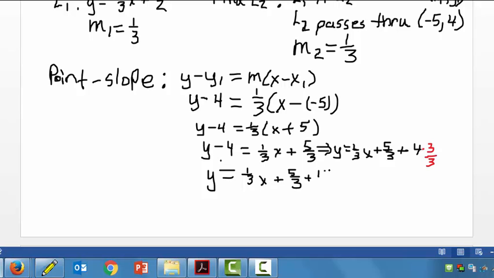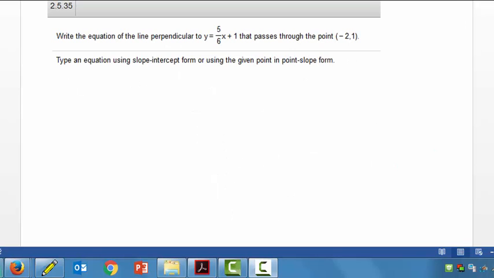So this has added to it 12 over 3. So y equals 1/3 x plus 17 over 3. And that would be the other answer that would have been accepted. So I could also have entered this, the slope-intercept form, according to the directions.